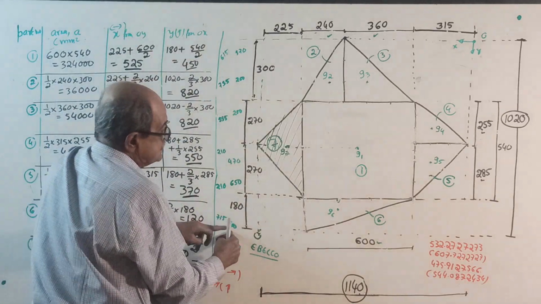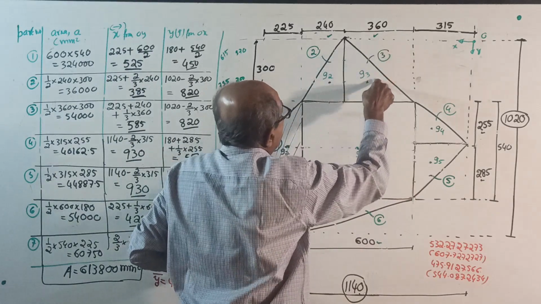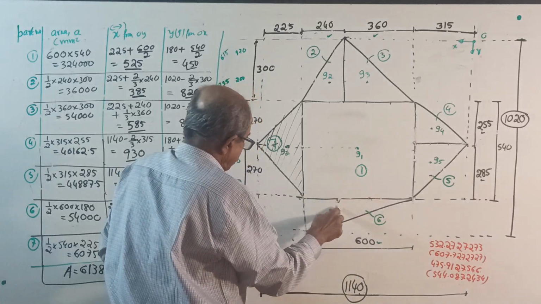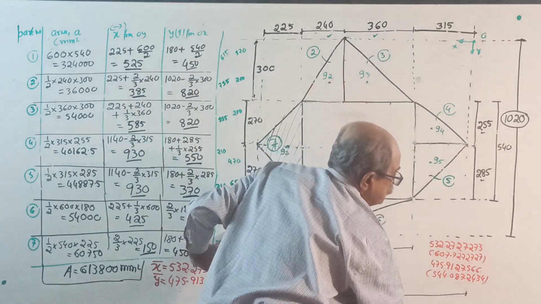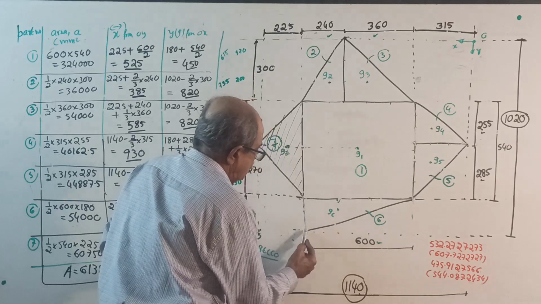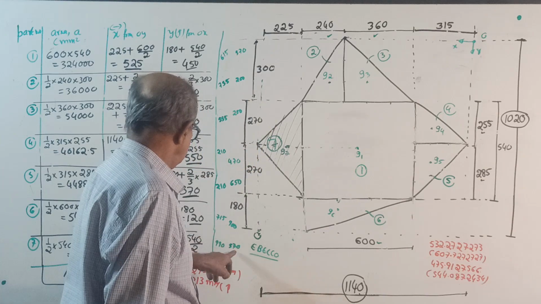Okay, 6: 300 plus 540 plus 1/3 of 180, or 1020 minus 2/3 of 180, 900. Last one.